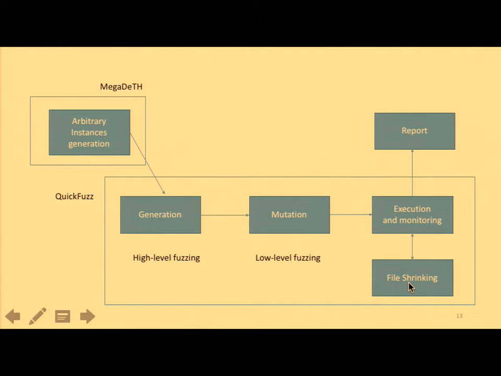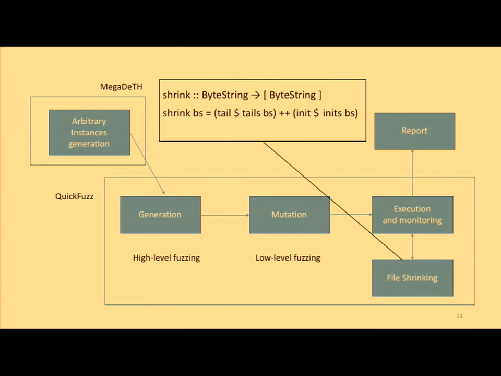We can shrink our failing test cases to get nicer test cases, and we currently use a very simple heuristic for shrinking. So we just take prefixes and suffixes of the byte strings that cause these programs to fail. But this has surprisingly been quite successful.